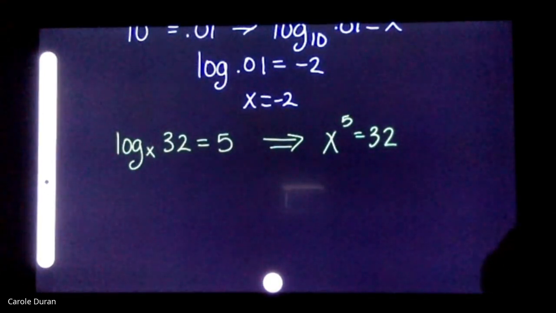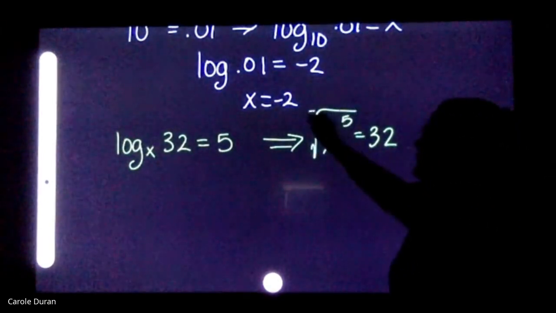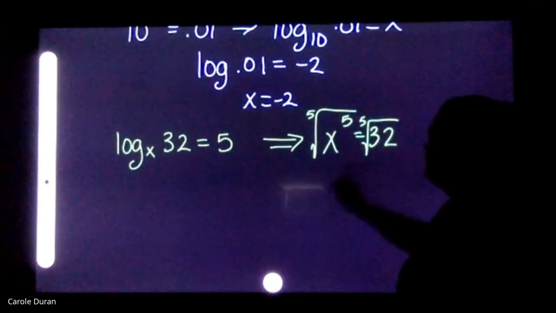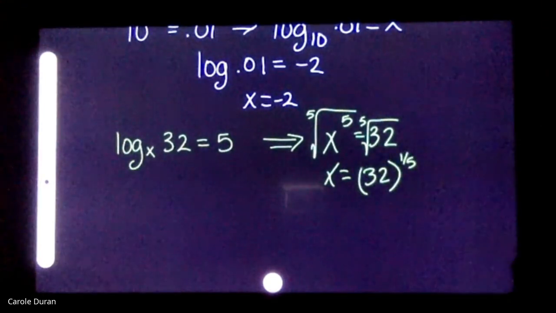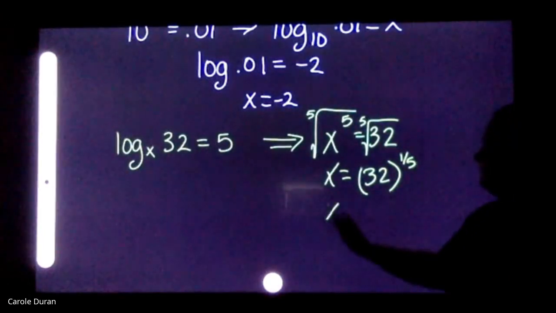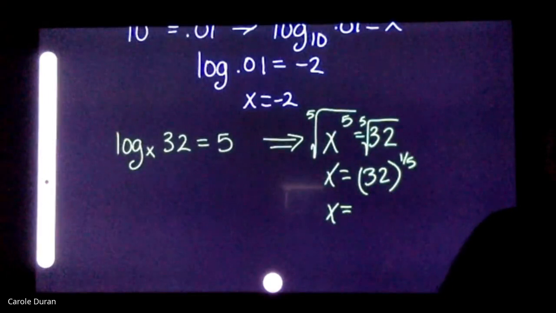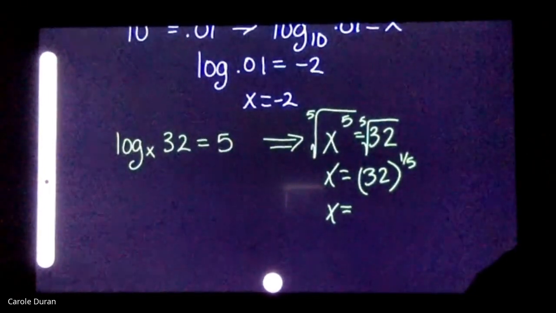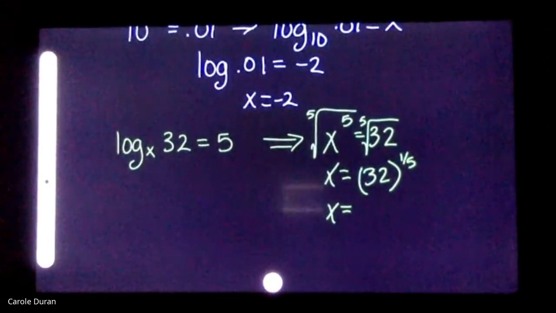That one's going to be a little bit difficult to solve unless I'm using a calculator, because I could just take the 5th root of both sides and I would get x equals 32 to the 1/5 power, and I can plug that into my calculator. And what do we get? We get 2, because 2 to the 5th power equals 32.